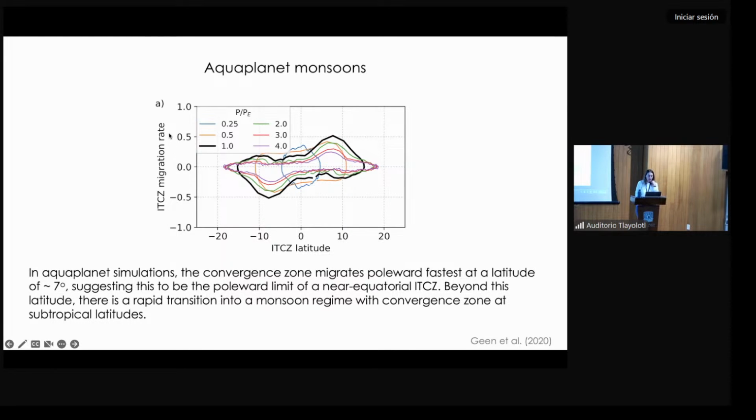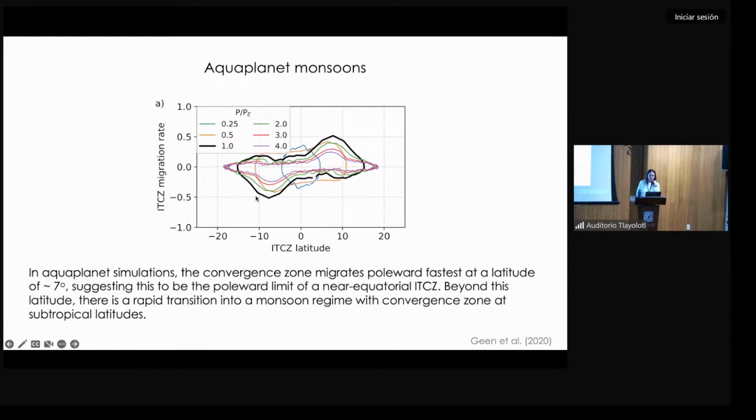And here we're looking at the ITCZ migration rate. This is the rate at which the ITCZ shifts as a function of the position of the ITCZ. For simulations in which things remain more or less close to the equator, you clearly see that the paths represent circles.